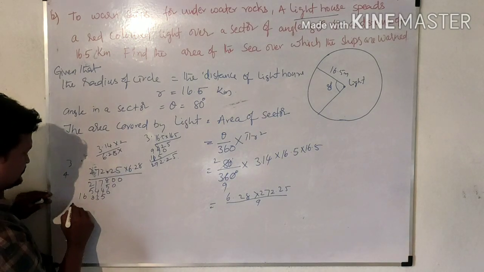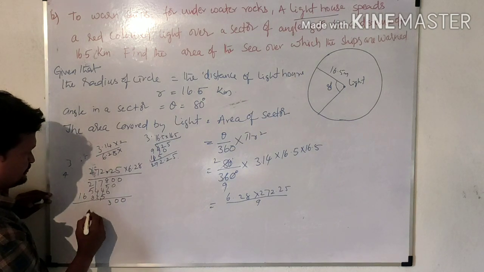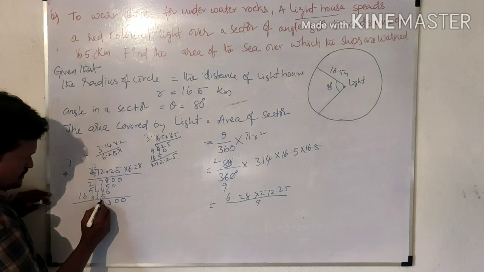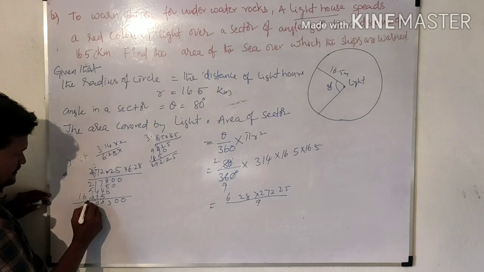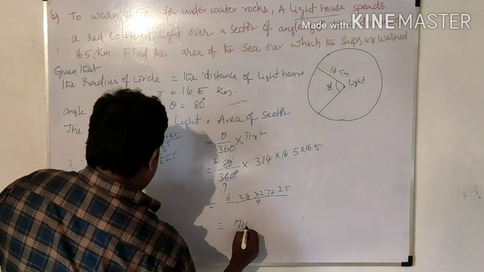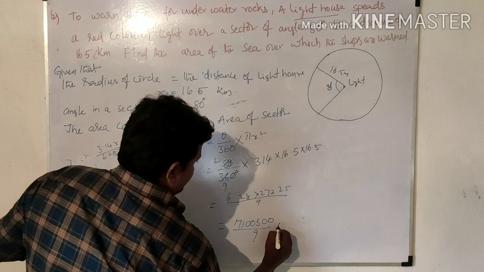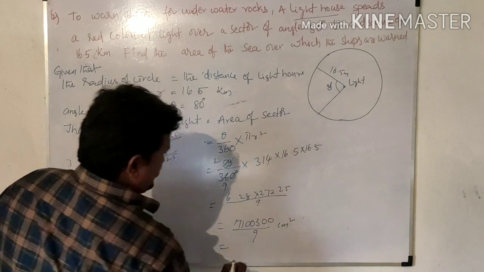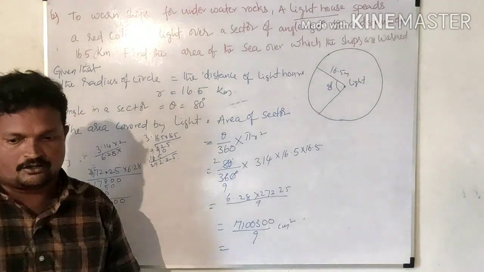So we get 171000300 by 9 centimeter squared. You have to multiply this one, divide by this one, and you will get the answer.